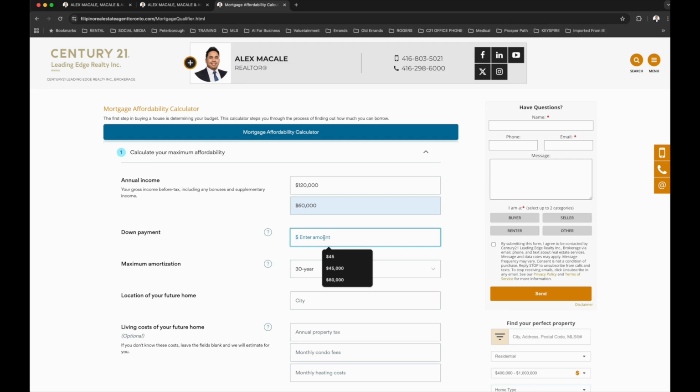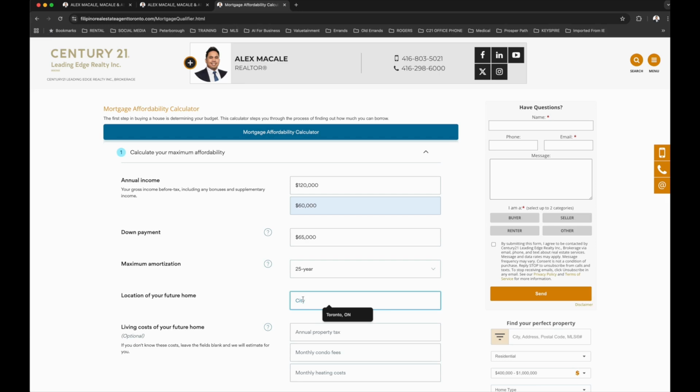Put it in here. Let's say you have a combination of RSP, TFSA, or cash, say $65,000. For amortization, the normal amortization is 25 years, although some banks will allow you to stretch it to 30 years. So be conservative, do 25 years.